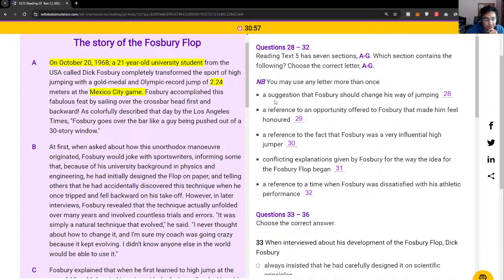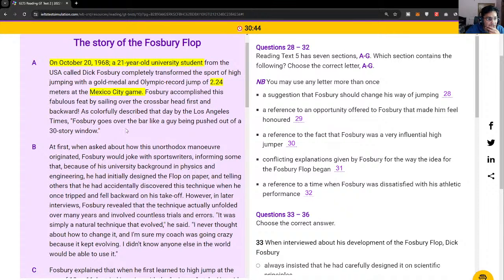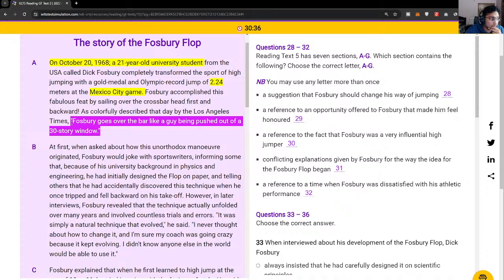It has nothing mentioned about it. A reference to an opportunity offered to Fosbury? No, it's just small history. A reference to the fact that Fosbury was a very influential high jumper? Could be this, but we can't say anything.